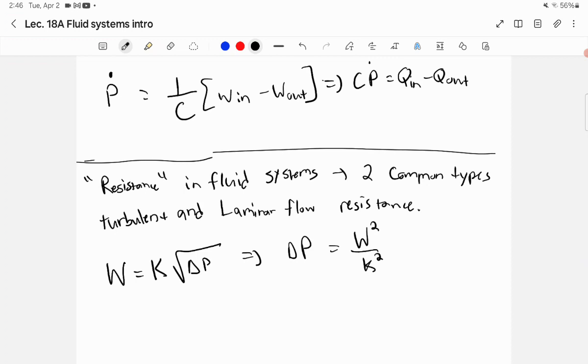So the resistance here kind of looks like R W squared, right? You can see this squared relationship here. This is in turbulent flow.